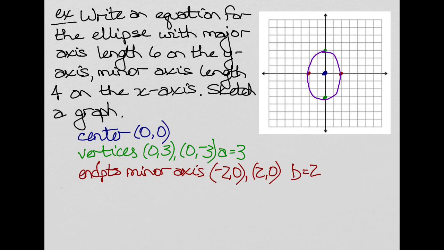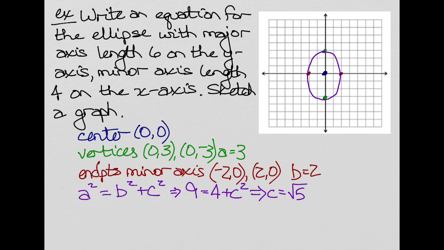In an ellipse, the Pythagorean relationship is a squared equals b squared plus c squared. Well, I know both a and b. A is 3, so 3 squared equals 2 squared plus c squared, which tells me c is root 5.